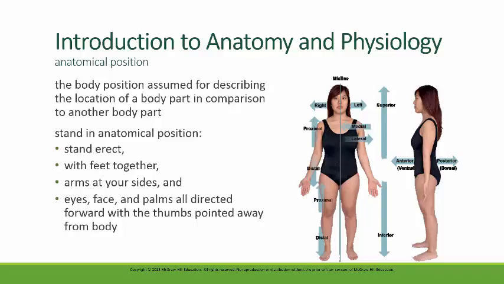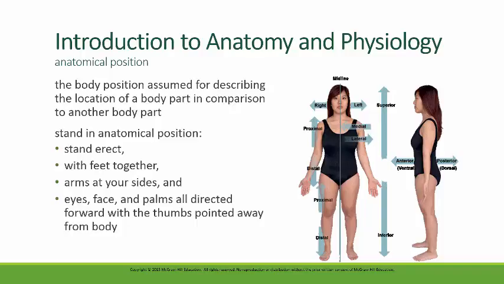So the first body position that I want you to be familiar with is anatomical position. Take a moment wherever you are right now, stand up and put yourself into anatomical position, because this is the position that we use for describing the locations of things, especially in relation to other body parts.